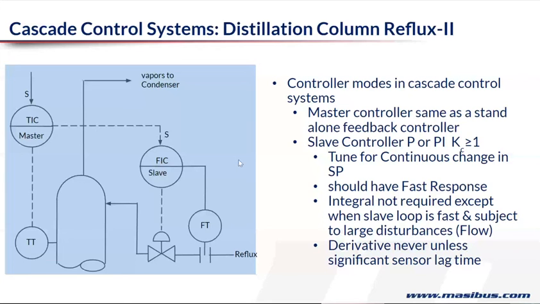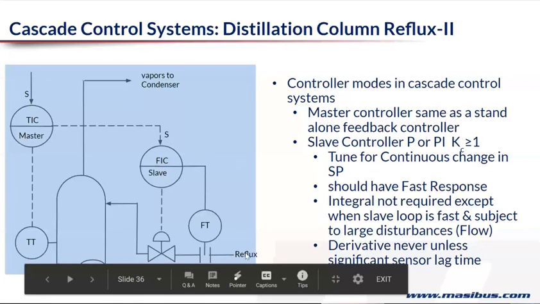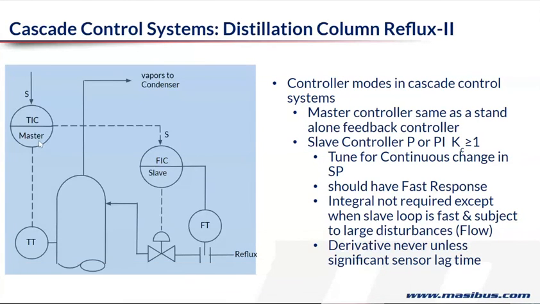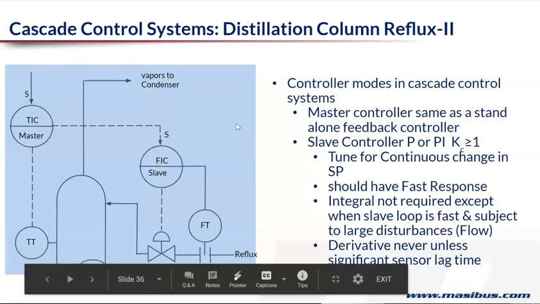And because of that, you will not see a disturbance. This change in flow is a disturbance. Because of this cascade algorithm, a change in flow will not affect the temperature, which is our main purpose, to maintain the temperature in the distillation column. Because all the cuts you get are temperature dependent. They are not flow dependent.